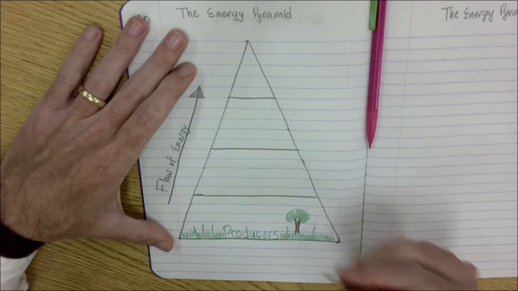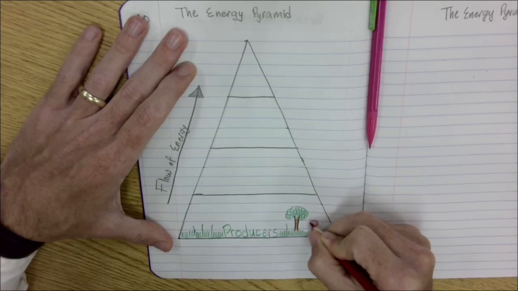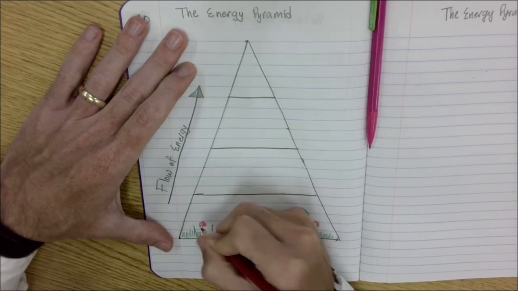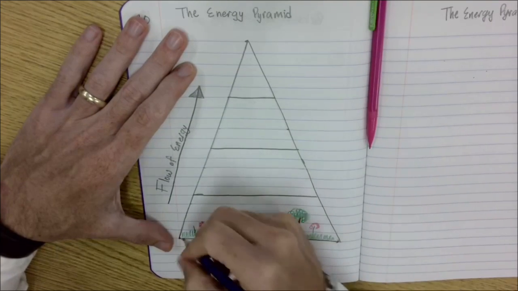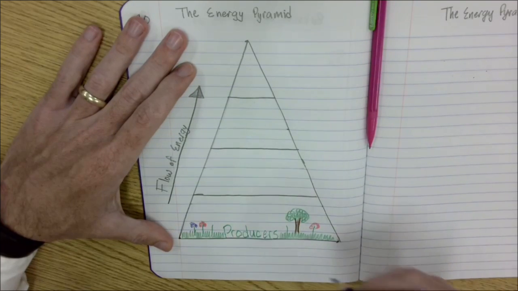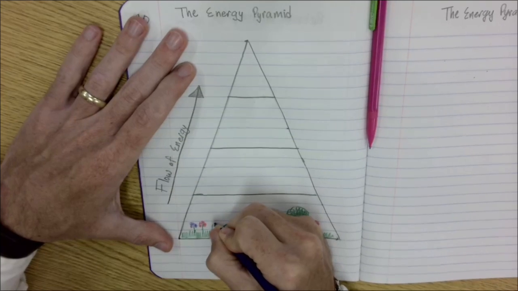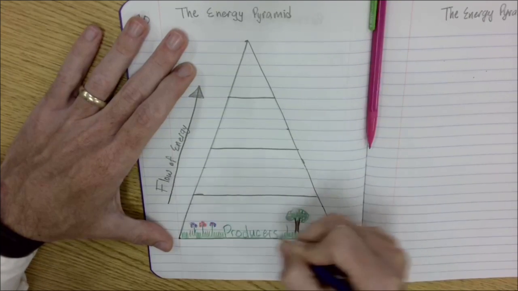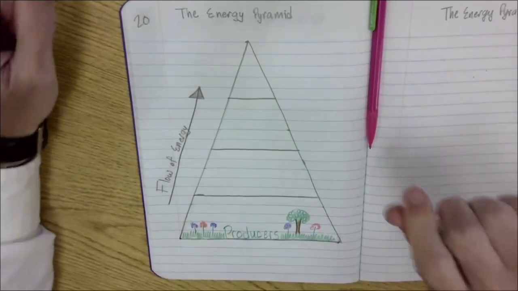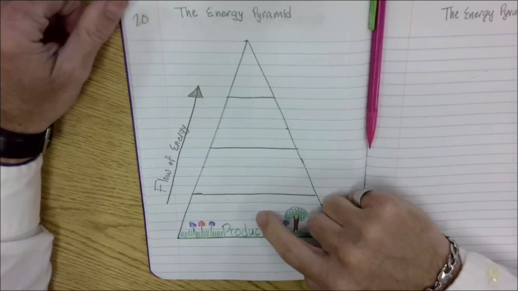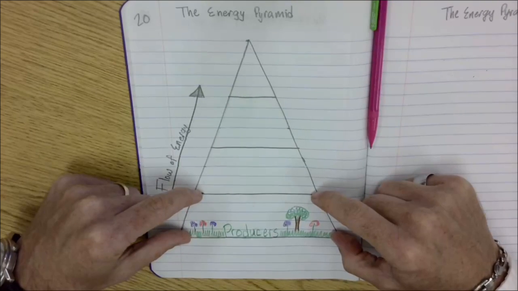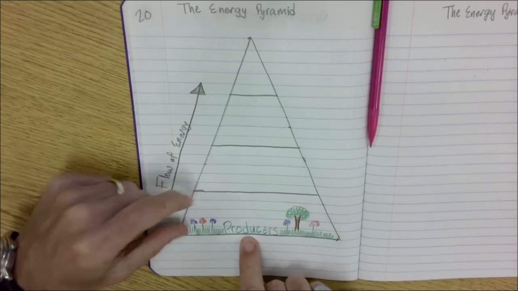And I use these other colors to make a few flowers. All right, so those are some producers, right? We don't have to include a whole bunch. We just want to make sure we know that this first level of our energy pyramid are all producers.